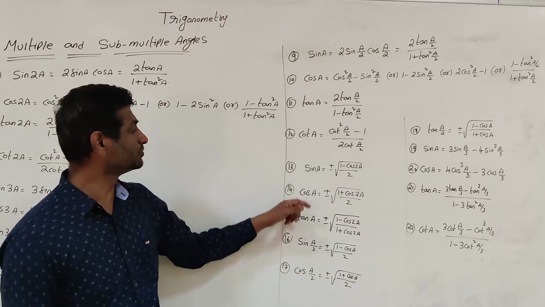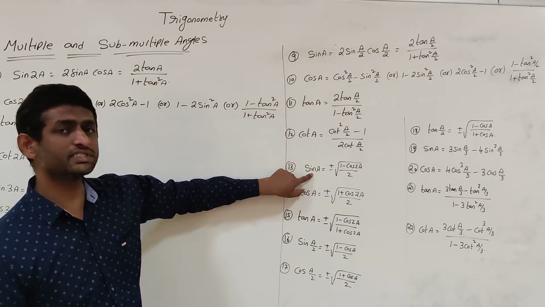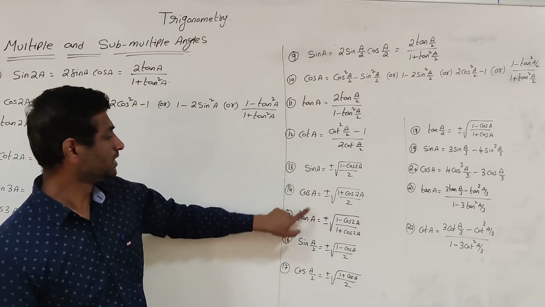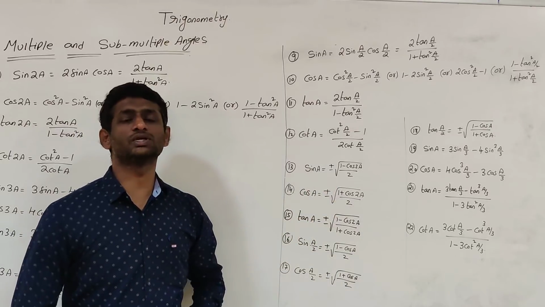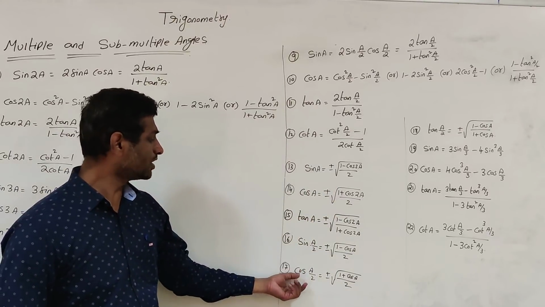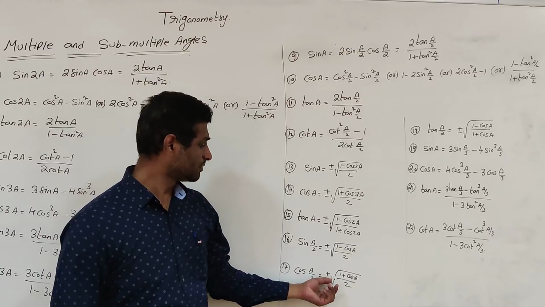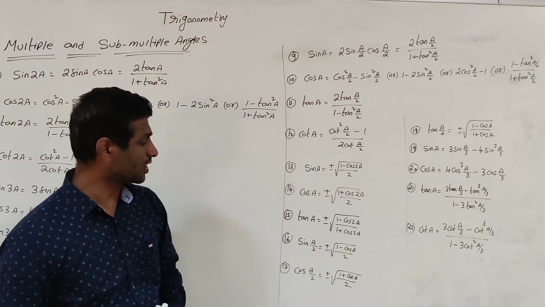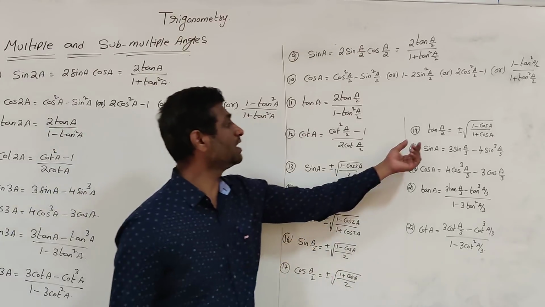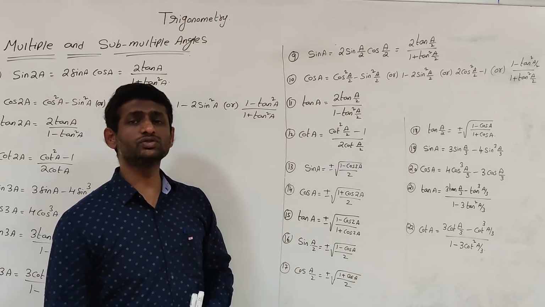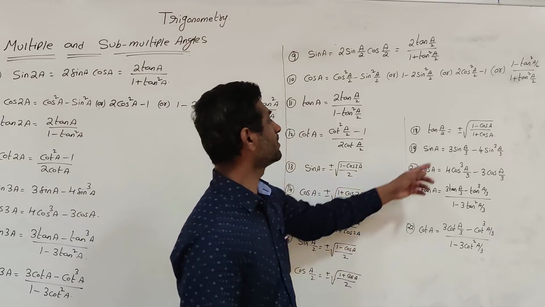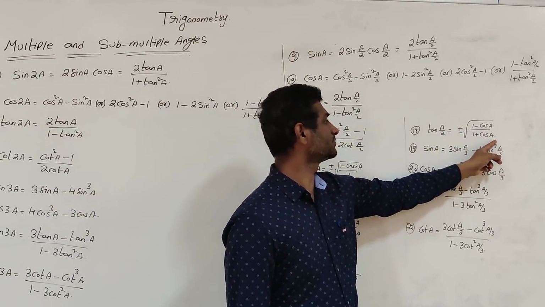Next, sin A by 2. In this, if you replace A with A by 2, then sin A by 2 will be plus or minus under root of 1 minus cos A by 2. Cos A by 2 is plus or minus under root of 1 plus cos A by 2. Tan A by 2 is sin A by 2 by cos A by 2, that gives plus or minus under root of 1 minus cos A by 1 plus cos A.